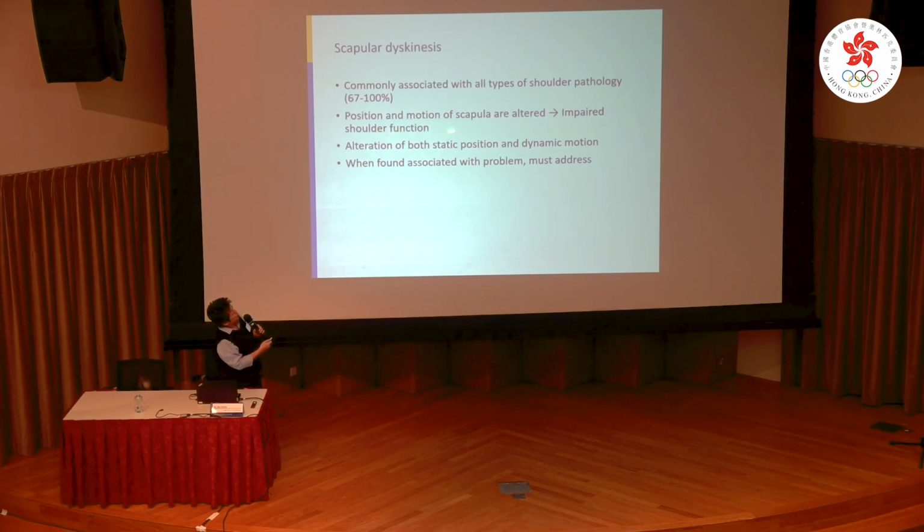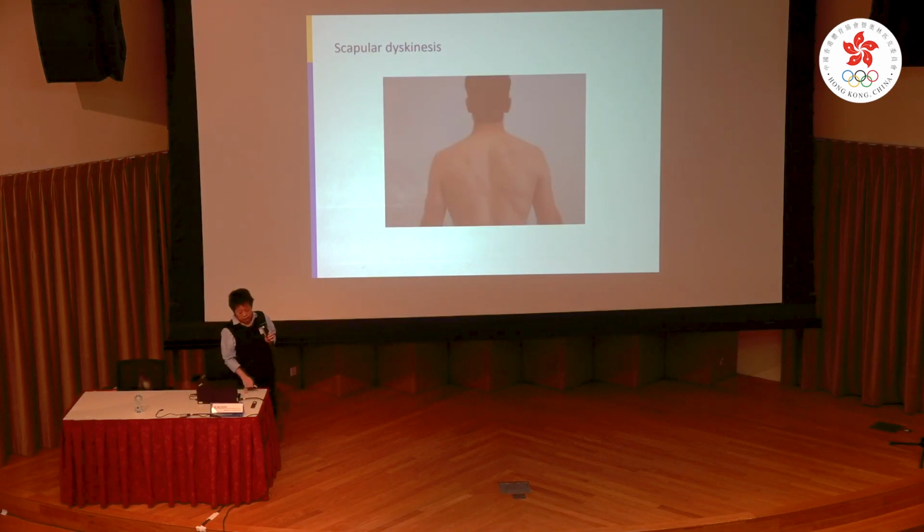If the position and the motion of the scapula are altered, it would impair shoulder function. So it changes not only the static position, it also changes the dynamic position as well. If you find that in your athletes, you may need to address this. So let me show you what it looks like.